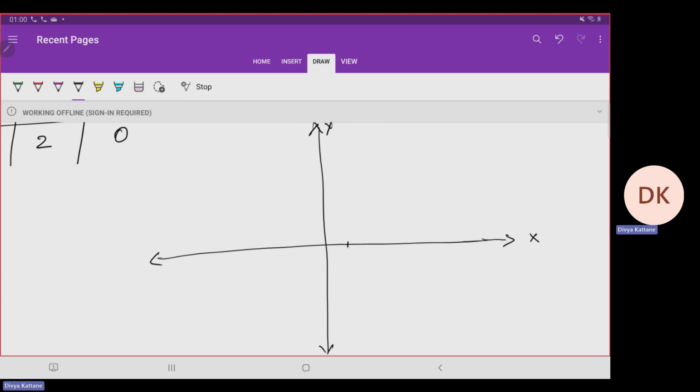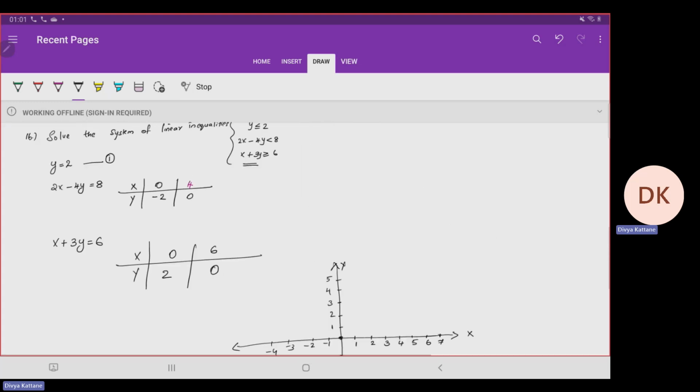Here I'm taking points like 1, 2, 3, 4, 5, 6, 7, etc., and minus 1, minus 2, minus 3, minus 4, etc. This is the origin 0.